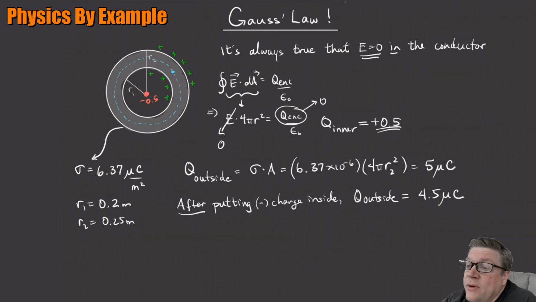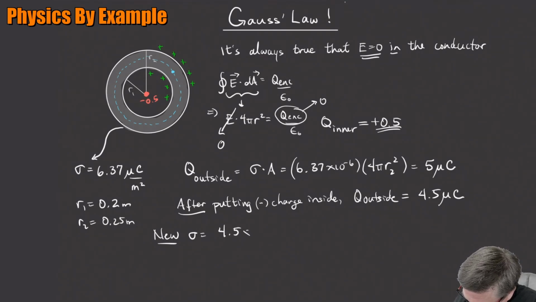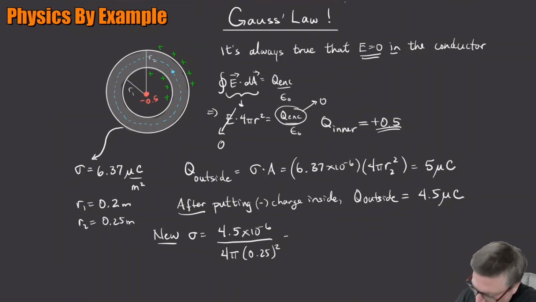So I can figure out what the new charge density is. The new sigma is just going to be 4.5 times 10 to the minus 6 divided by 4 pi times 0.25 squared. So the sigma's just gone down a little bit.